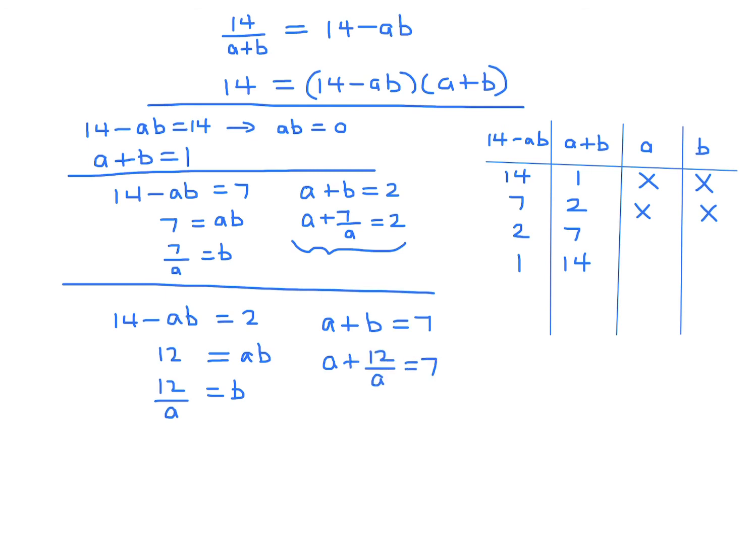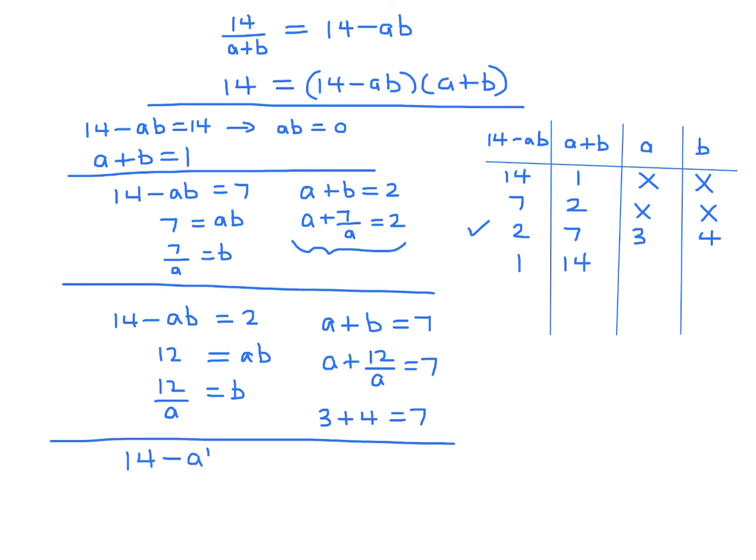And by inspection, you don't have to do a quadratic. You'll be able to see that if a is 3, this will work. It'll be 3 plus 4. So a is 3. And therefore, b in this case is 4. All right, so we got one possible value for a.